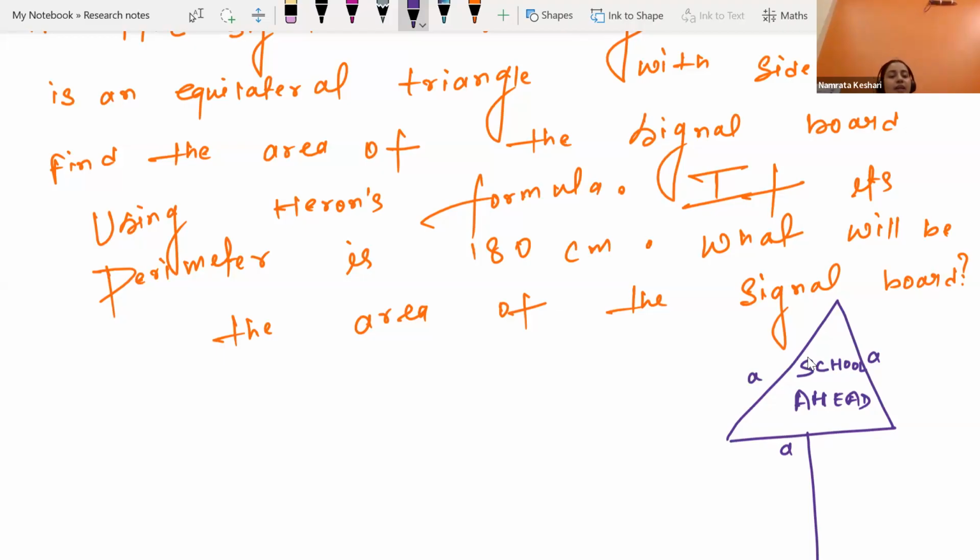We can use that formula for finding the area if we can find the height, but no worries, we have to just stick to Heron's formula. If its perimeter is 180 centimeter, perimeter is given as 180 centimeter. Now I am coming to you one by one. You will tell me your opinion, what can be done if the perimeter is given as 180 centimeter.